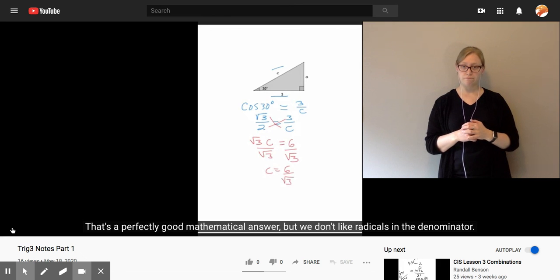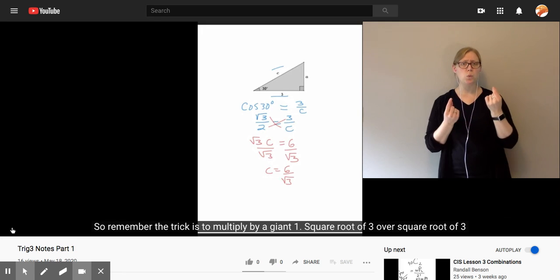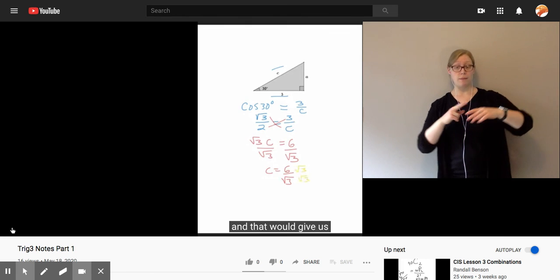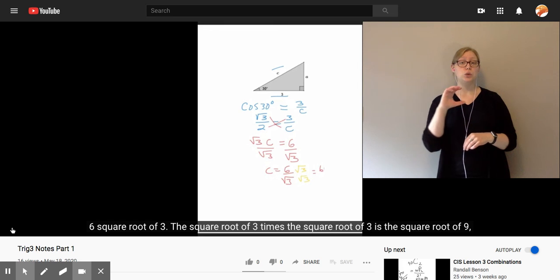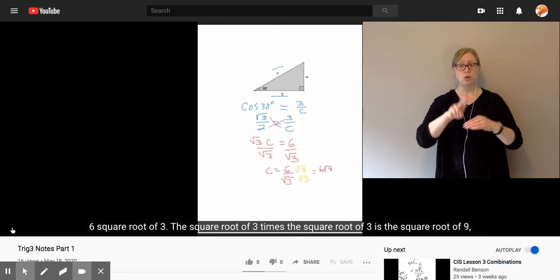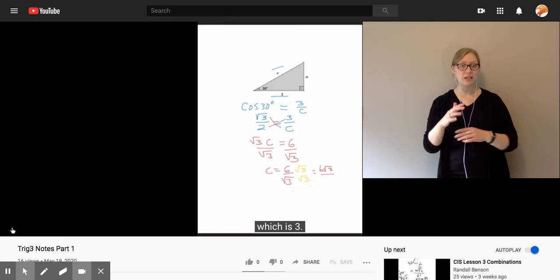That's a perfectly good mathematical answer, but we don't like radicals in the denominator. So remember, the trick is to multiply by a giant 1, square root of 3 over square root of 3. And that would give us c is going to be equal to 6 square root of 3 over the square root of 3 times the square root of 3, which is the square root of 9, which is 3.